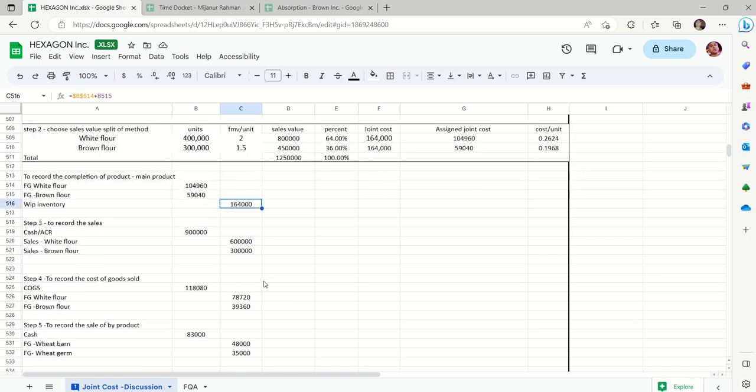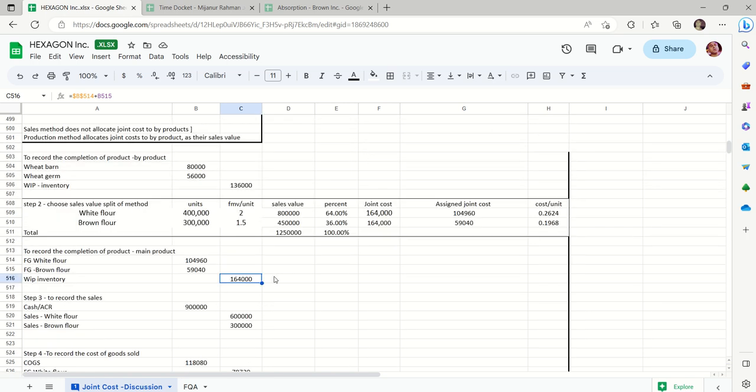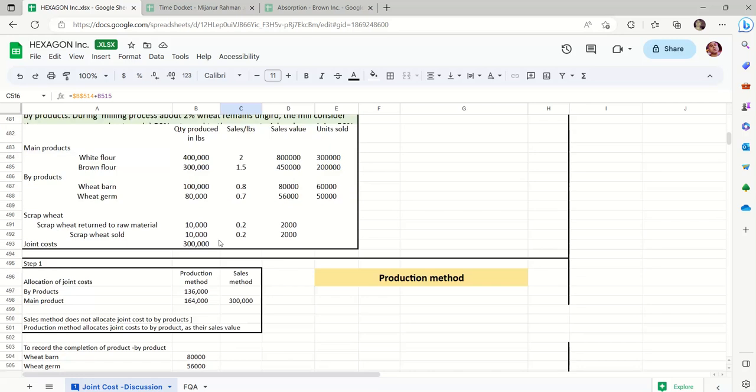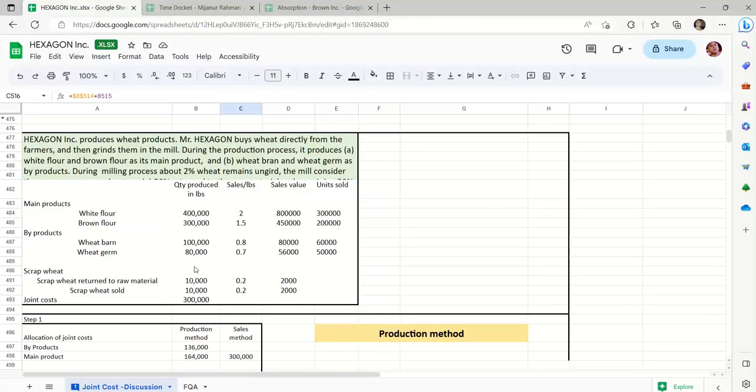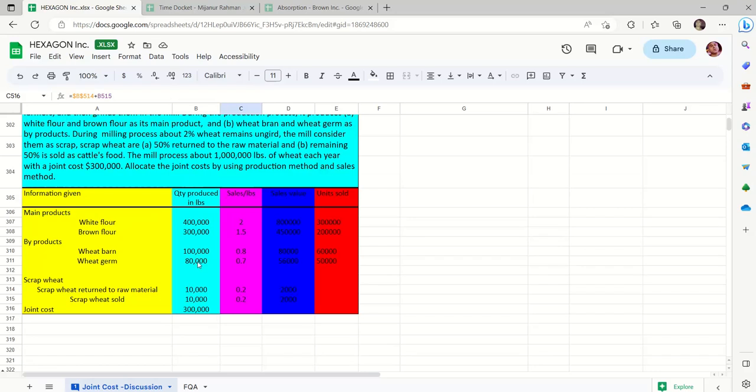Once we are done with that, then we record the sales. We go back to the information that is given to us. What is the sales value? We sold 300,000 units, highlighted in red.